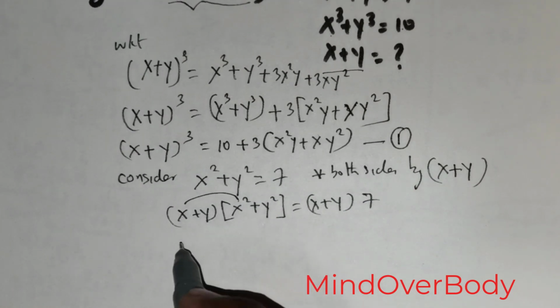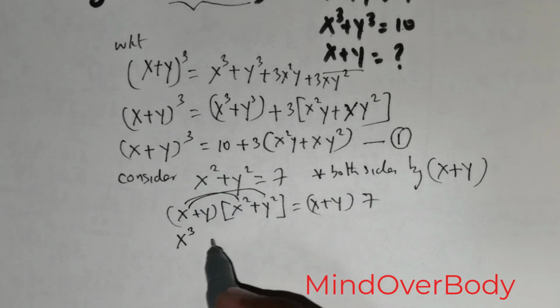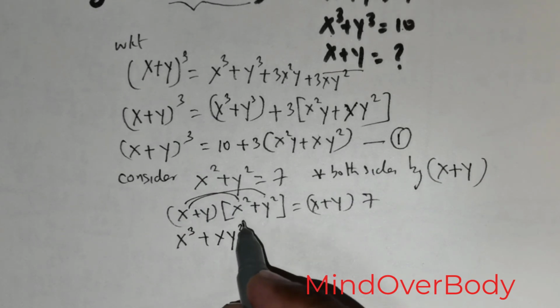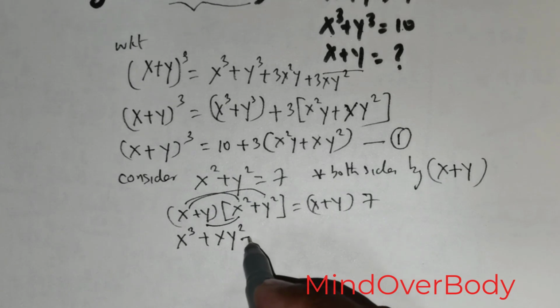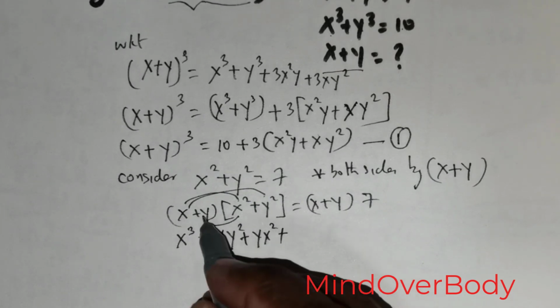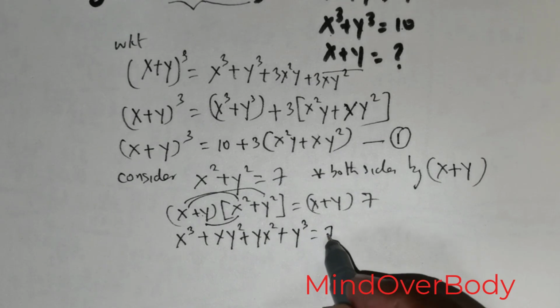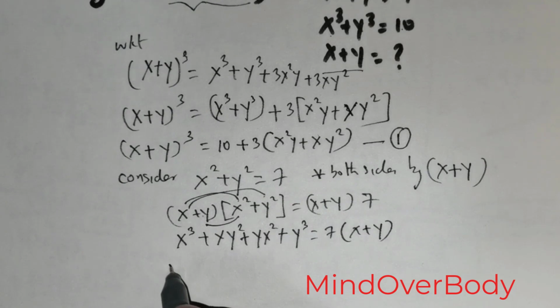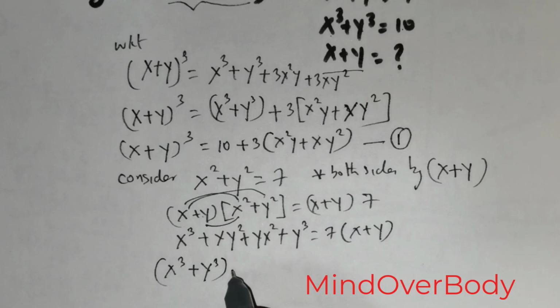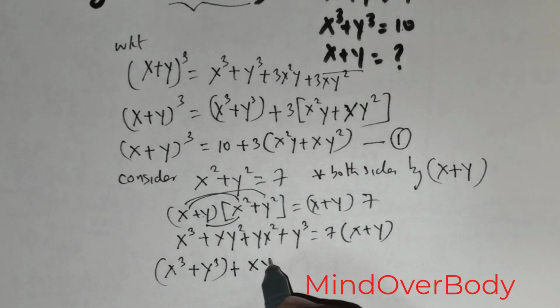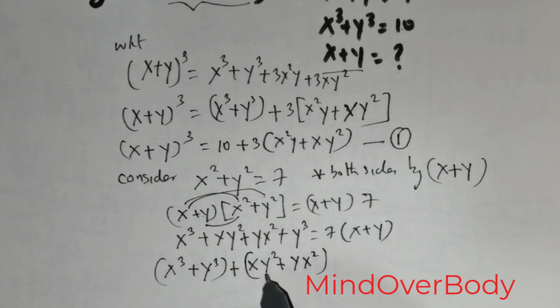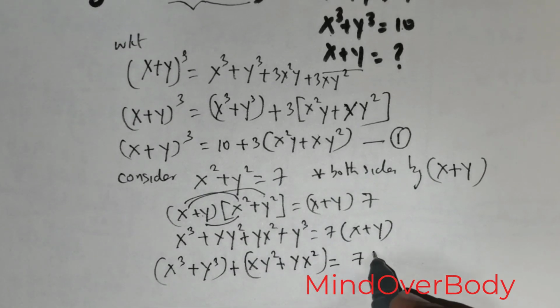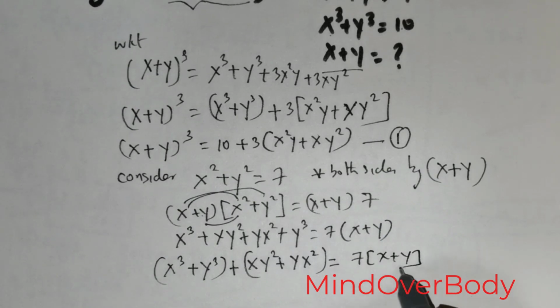So that is going to be x into x squared, x cubed, x into y squared, x times y squared, plus y x squared, plus y cubed is equal to 7 times (x plus y). Now I can rewrite this as x cubed plus y cubed followed by plus x times y squared plus y times x squared. So this is one term which is equal to 7 times (x plus y).